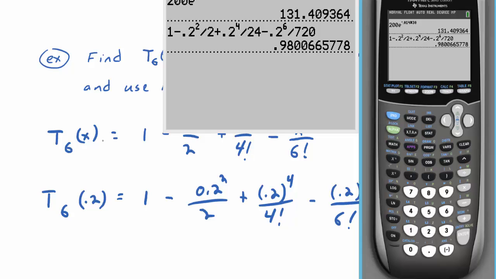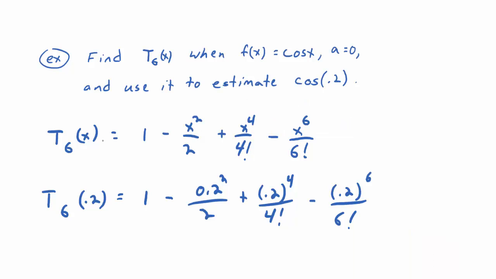So just make sure you punch in your calculator, it probably just missed a button. Anyway, I'm getting this value on my calculator for the approximation: 0.9800665778. That's what the calculator spit out.